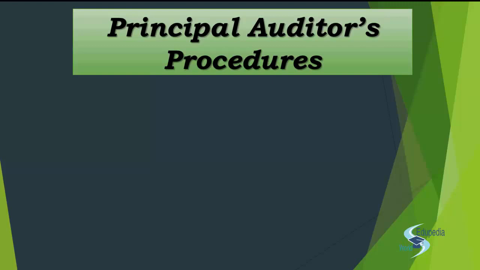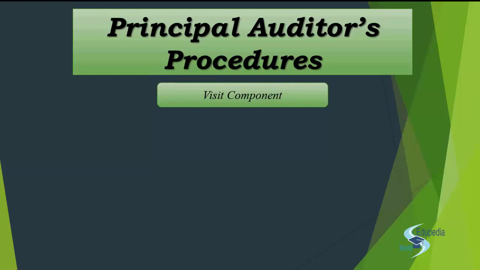We discussed procedure 2 in the previous lecture, that he could visit the component. What are the situations when he can visit the component? Obviously when it is allowed by the statute. And he will have to visit if there is no other auditor on the component, but if there is one, he may or may not visit. We have seen the provisions already.